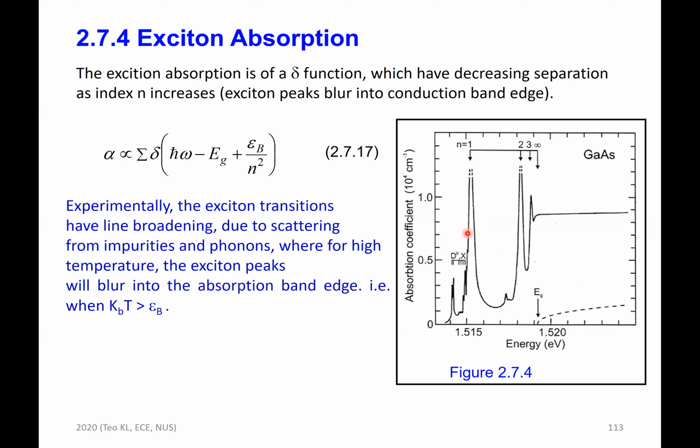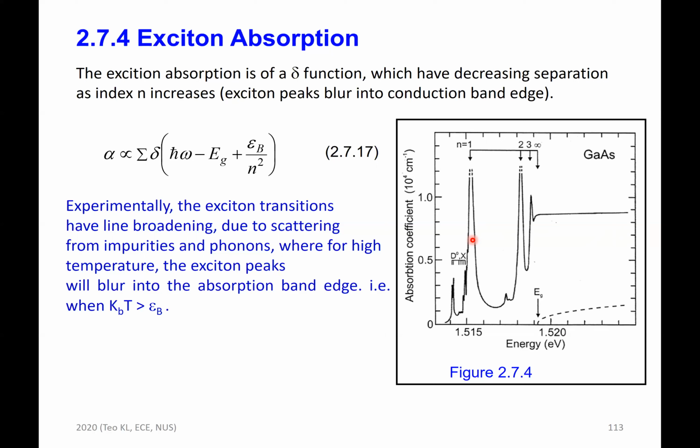However, in reality, you expect to have some kind of broadening in terms of the spectral line width. It's not a delta function, but it has a line broadening, or the line width has a certain broadening effect. This is because as the exciton travels inside the semiconductor, it will collide with the lattice or collide with the impurity.